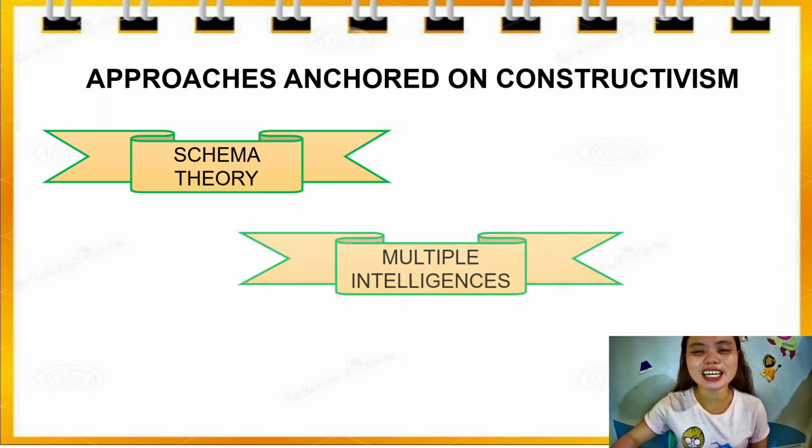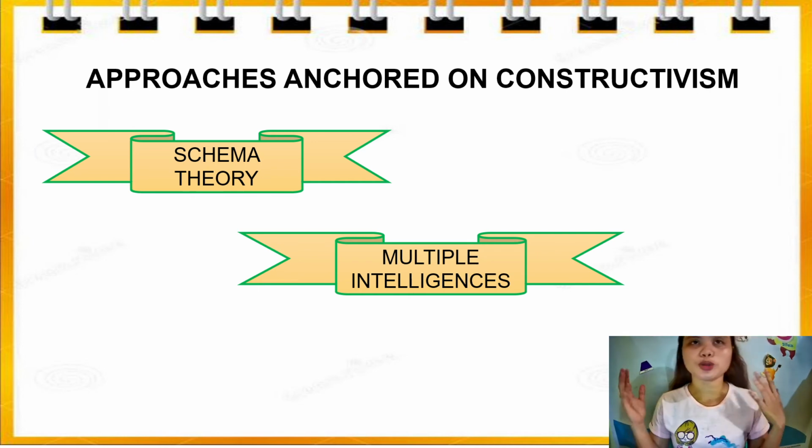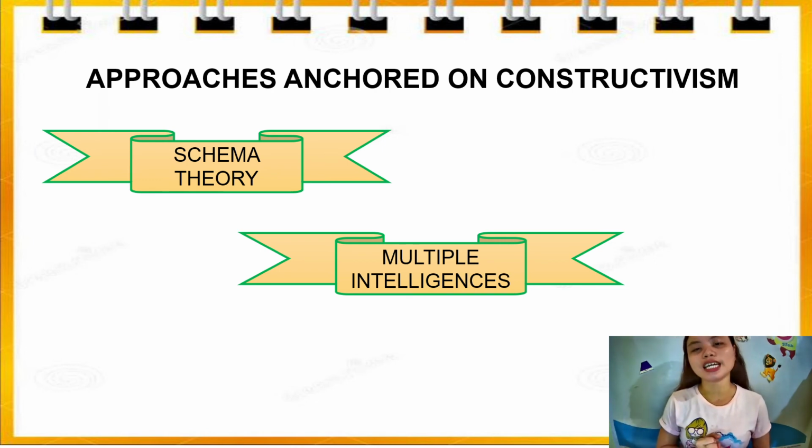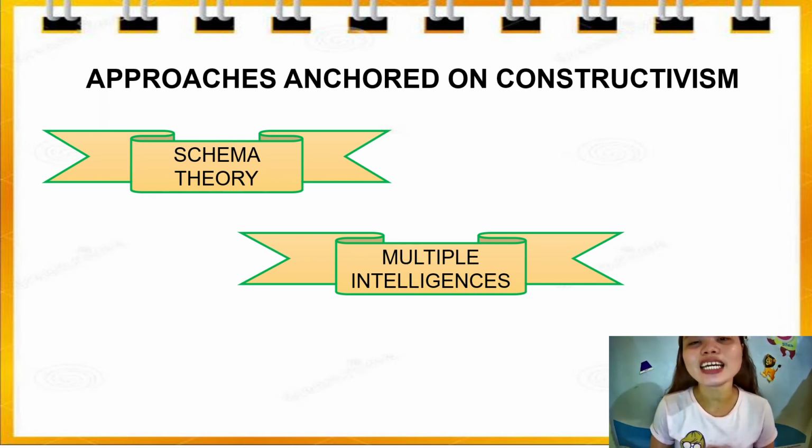Next is the Multiple Intelligences theory by Howard Gardner. This posits that individuals are endowed with various intelligences. Among those are musical, linguistic, spatial, logical-mathematical, kinesthetic, interpersonal, naturalistic, and existential.